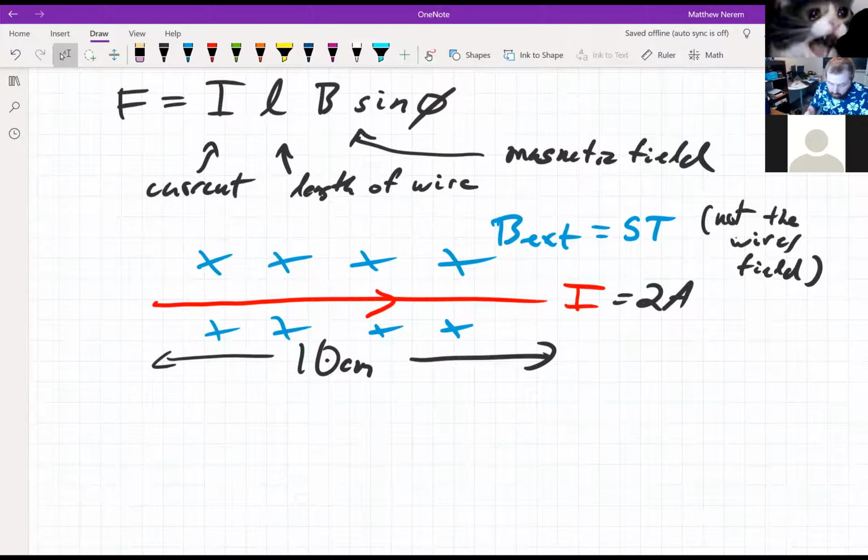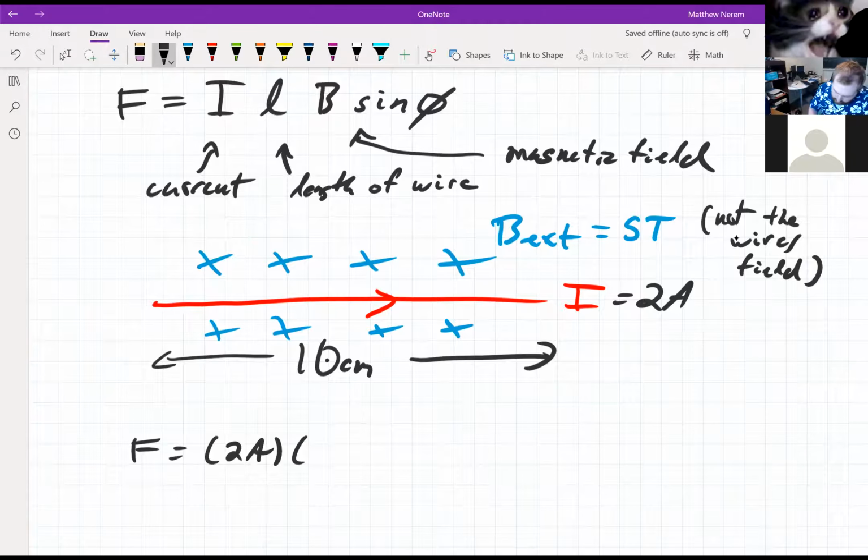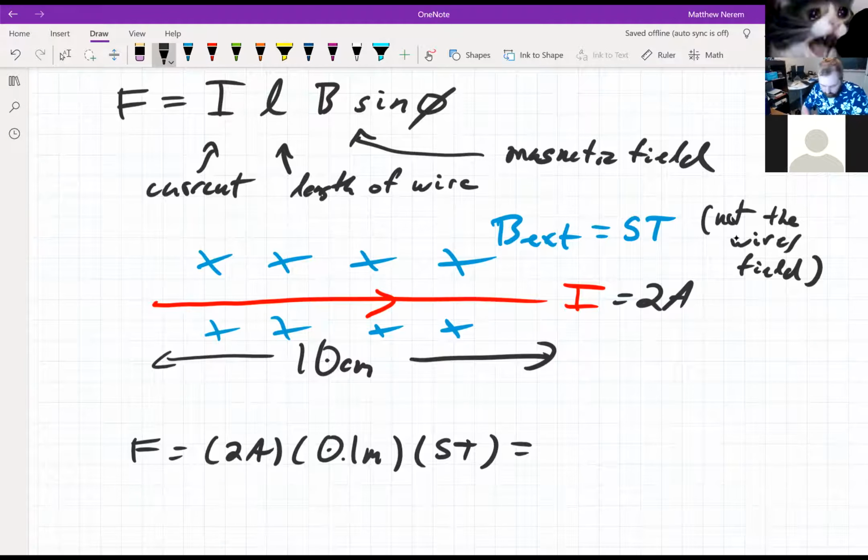And so let's calculate the force on this wire. I made this one pretty straightforward plug and chug, which is okay, but we'll do a right-hand rule to get the direction as well. So this would be 2 amps, 10 centimeters or 0.1 meters, times 5 Tesla. 2 amps times 5 is 10, times 0.1.